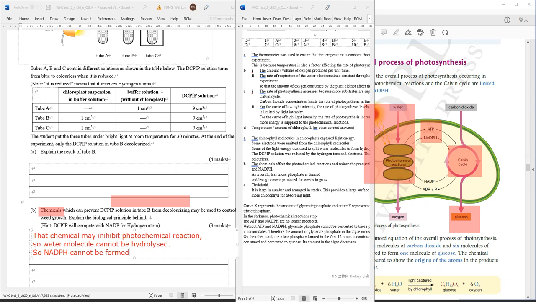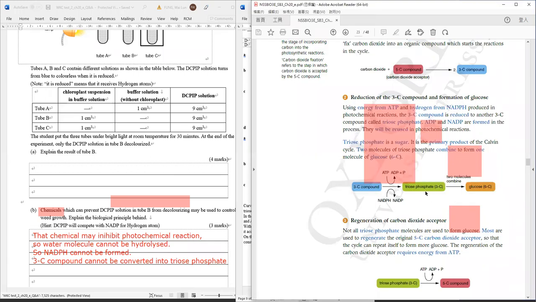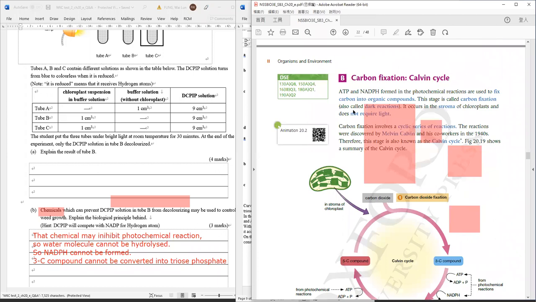When NADPH cannot be formed, the 3C compound cannot be converted into triose phosphate.